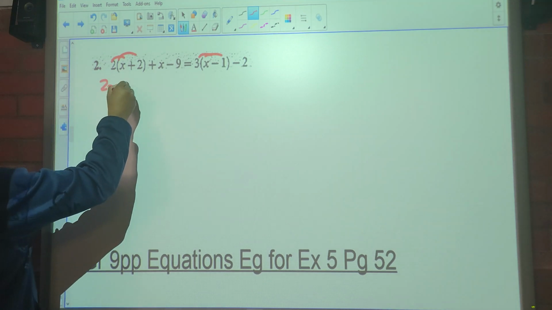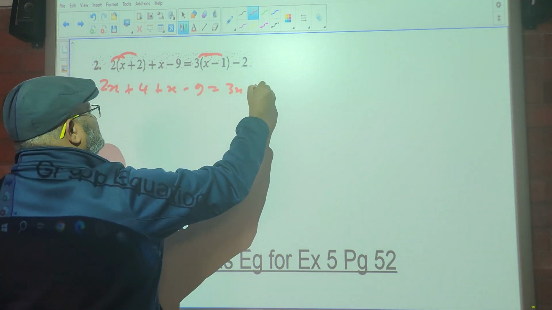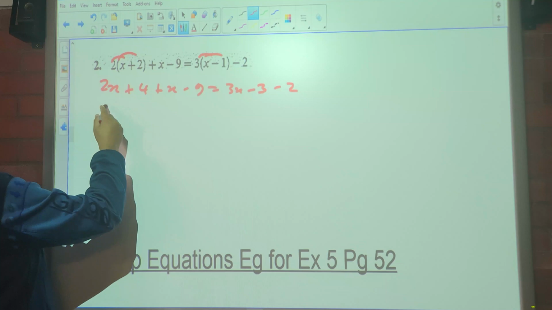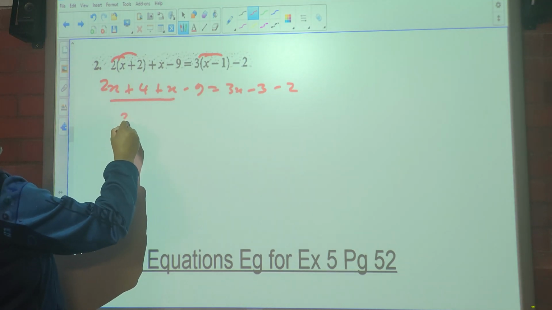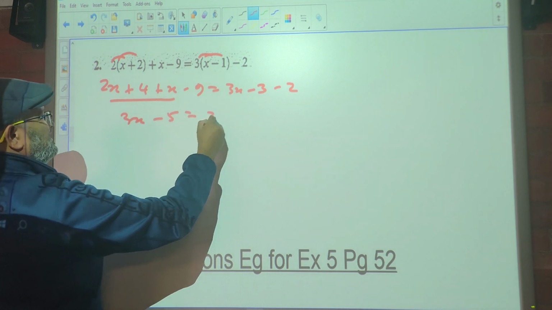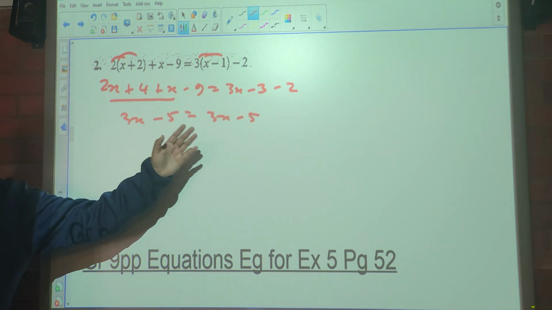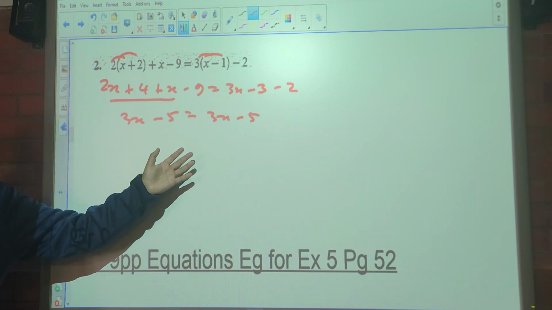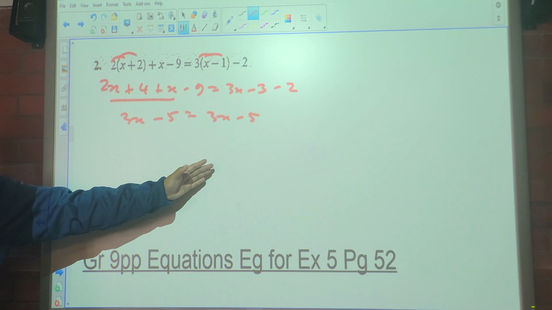So here we got 2x plus 4 plus x minus 9 is equal to 3x minus 3 minus 2. So we solve for x is going to give you, of course, 3x minus 5 is equal to 3x minus 4. Can you see? This is called what again? An identity. Which means to say whatever is on the left hand side is equal to the right hand side.